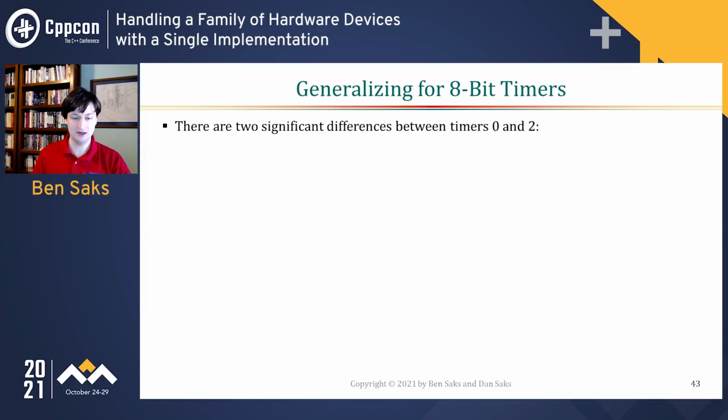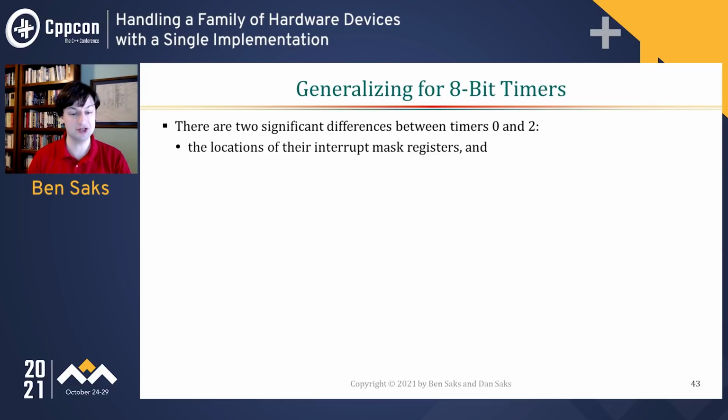So what are the differences between timers 0 and 2? Well, there are two major ones that we're going to deal with. One is the location of the interrupt mask register. Just like timer 0, timer 2 has a location in memory separate from the rest of its device registers that describes which interrupt sources timer 2 is allowed to trigger.